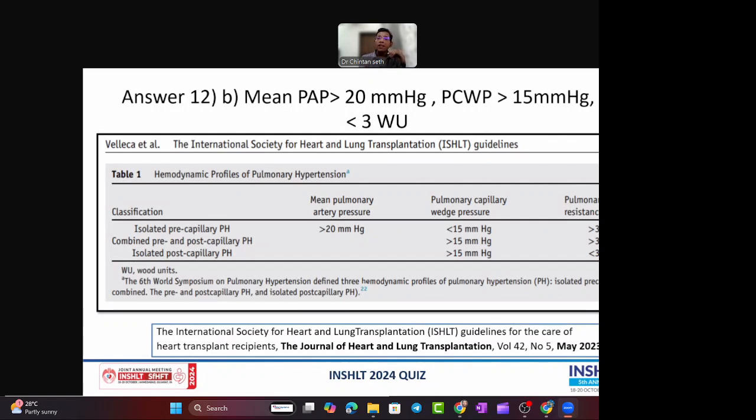If PVR is more than 3 Wood units, then it can be pre-capillary or combined hypertension. Whenever we are talking about post-capillary, only the PCWP will be high, meaning LA pressure will be more than 15 mmHg. Mean pressure is obviously high, then only we can say it is pulmonary hypertension. But PVR should be less than 3 Wood units to label it as isolated post-capillary pulmonary hypertension. If PVR is more than 3, it can be either pre-capillary or combined. Next, please.